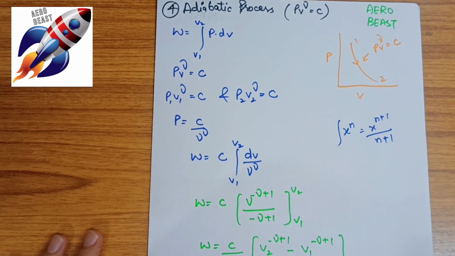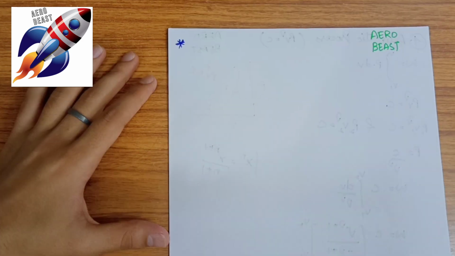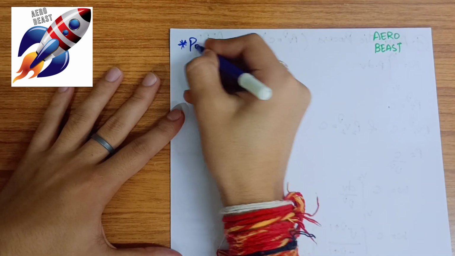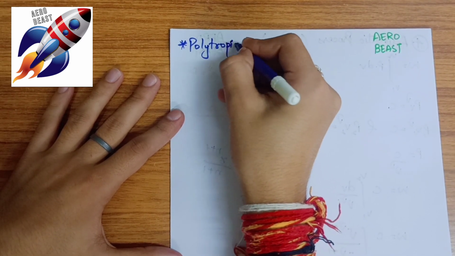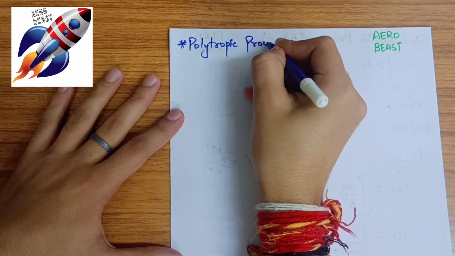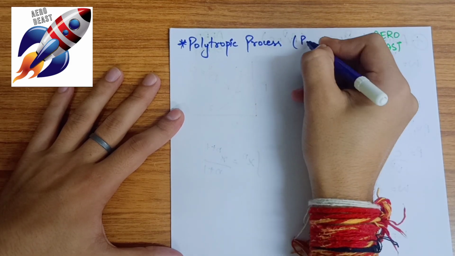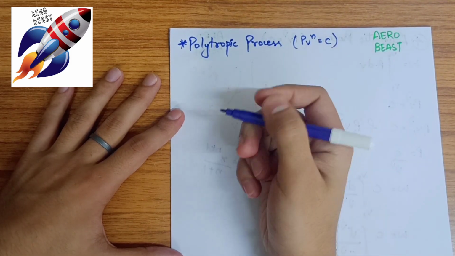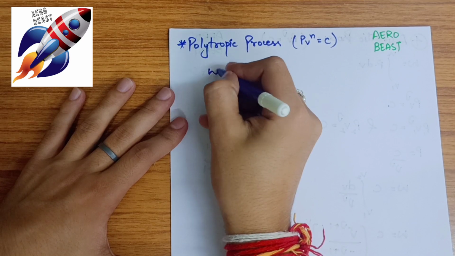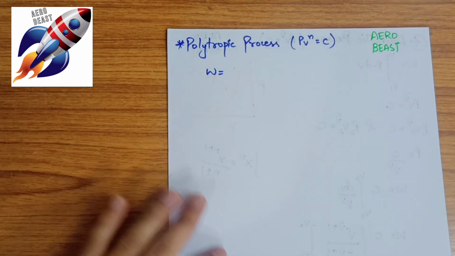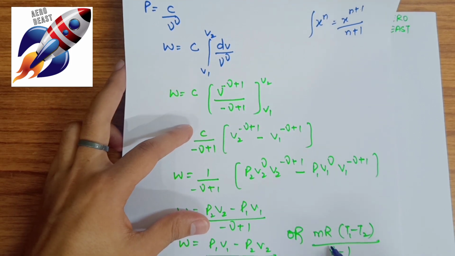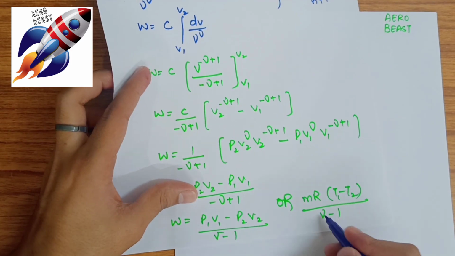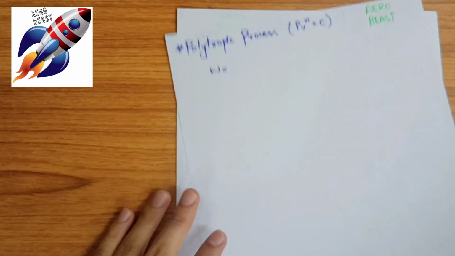And the fifth one is the polytropic process. Here PV^n is equal to constant. Therefore we follow the same procedure as the adiabatic process, but in place of gamma we put the value of n.